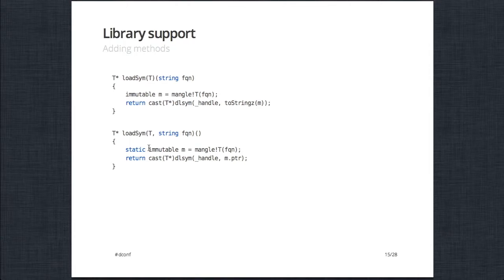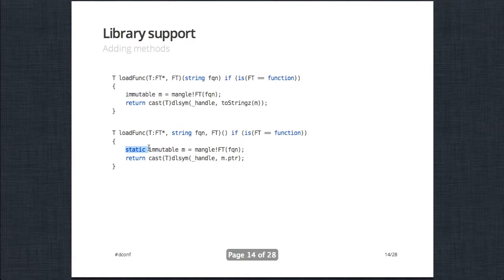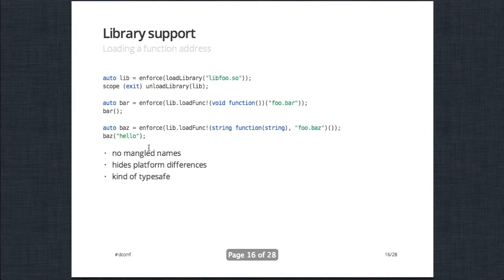We can only specify function pointer types. So if you want to load a function pointer from a shared library, you're going to need another function, because otherwise that function would confuse the thing. I don't think it's that important to understand.